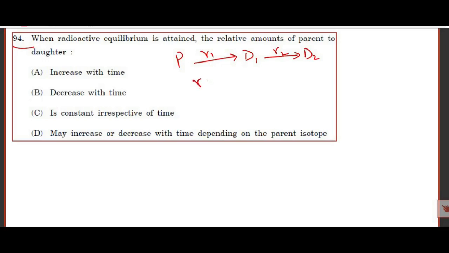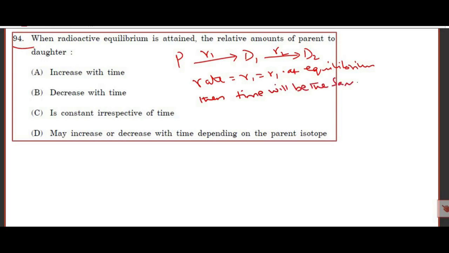When rate R1 equal to R2 at equilibrium, then the ratio will be the same or constant.